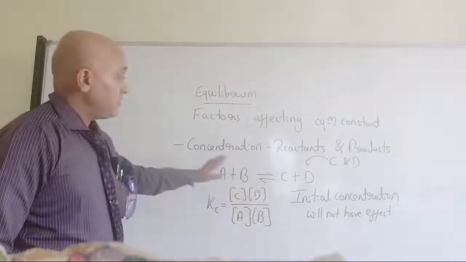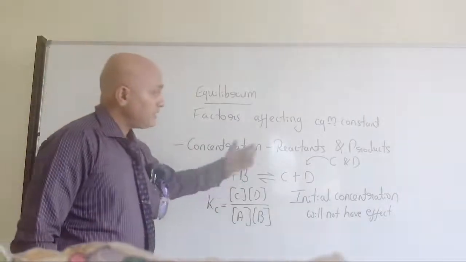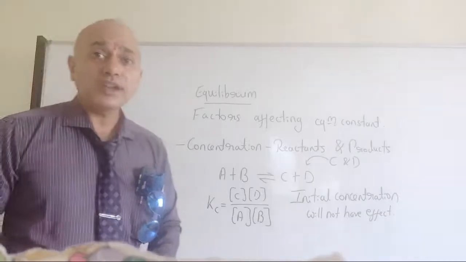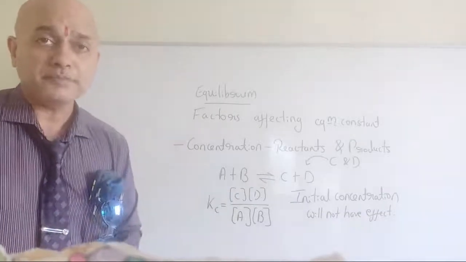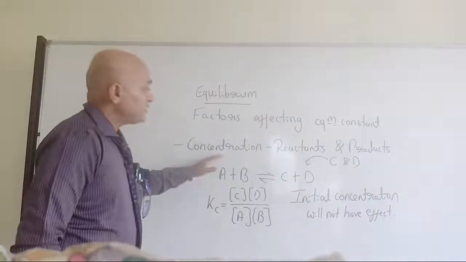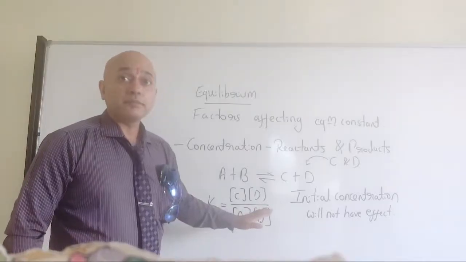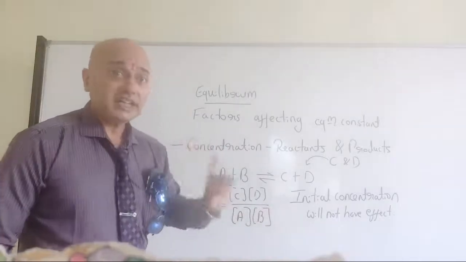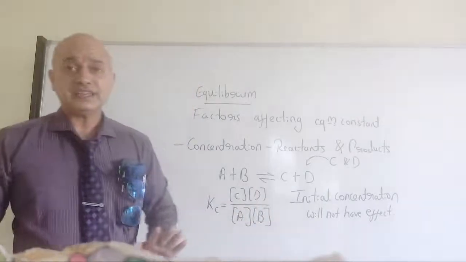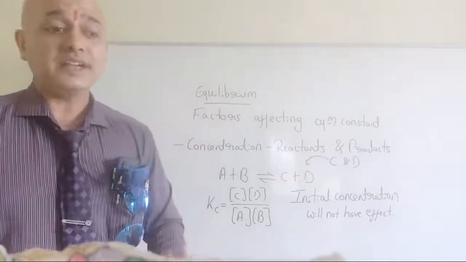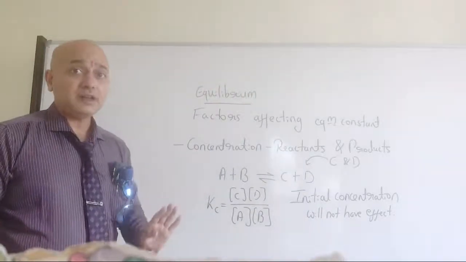But when I am talking about a reaction which has reached equilibrium, if I add any of the products or any of the reactants, then it's going to disturb the equilibrium. Whatever initial concentration the reaction started with is not going to decide the equilibrium.